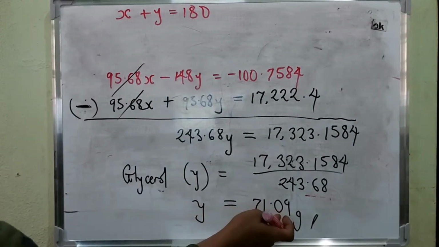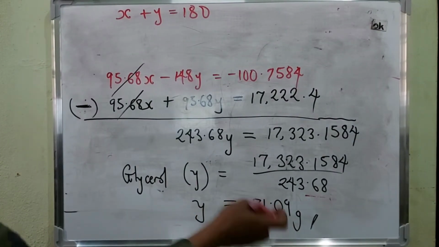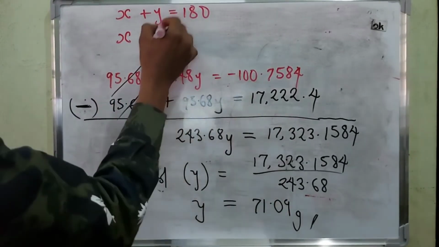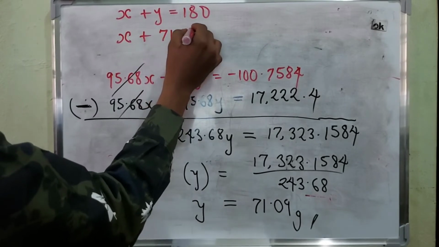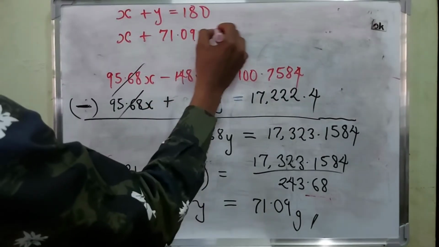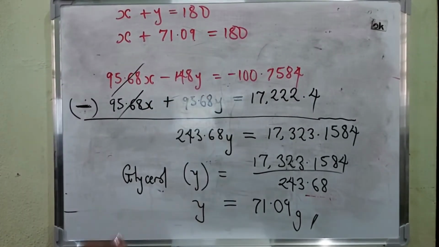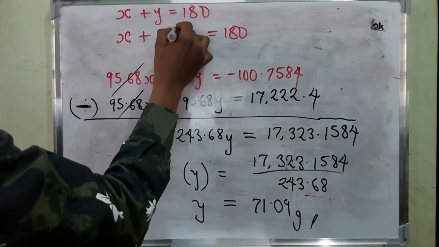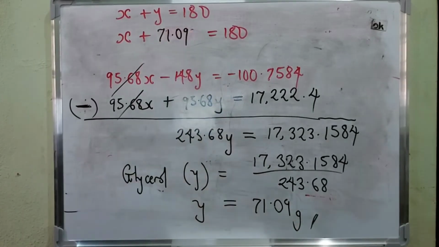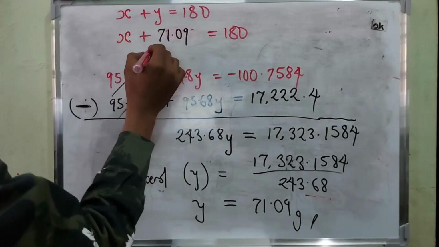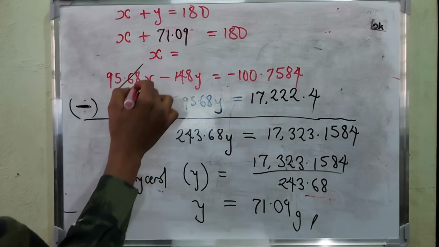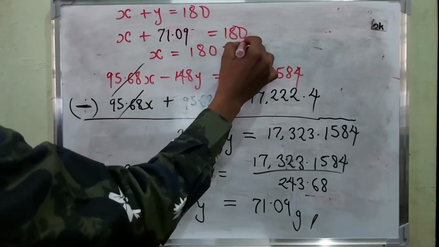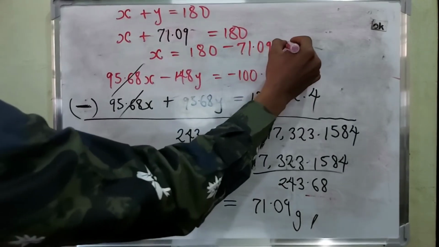We now found our y to be 71.09. So I'm just going to substitute: x plus 71.09 equals 180. So we now find x, collecting like terms. x will be equal to 180 minus 71.09.